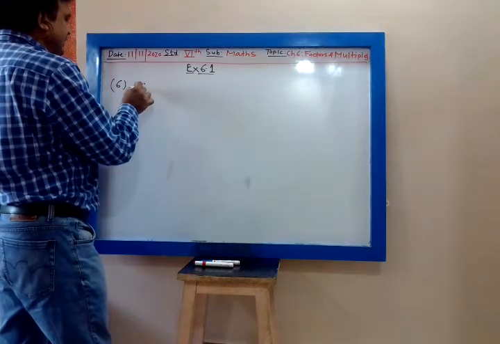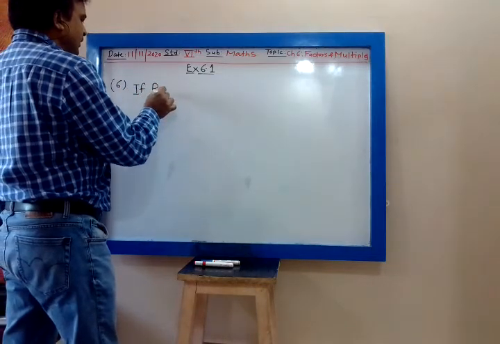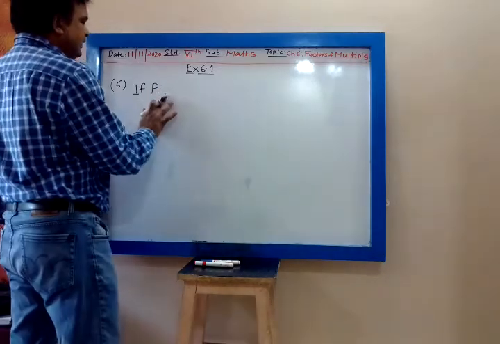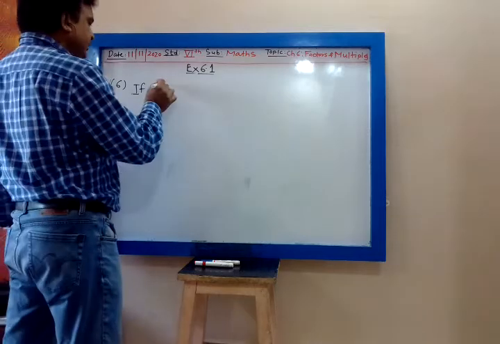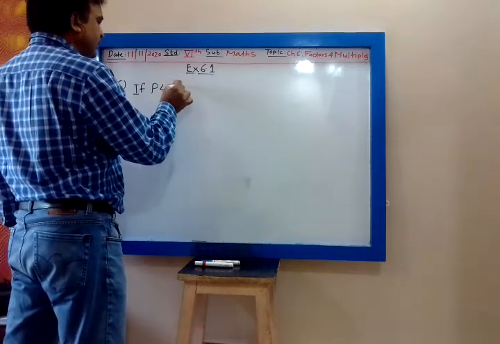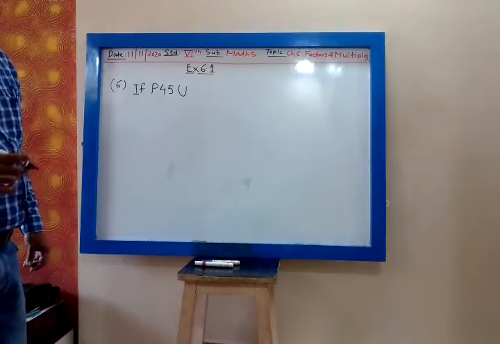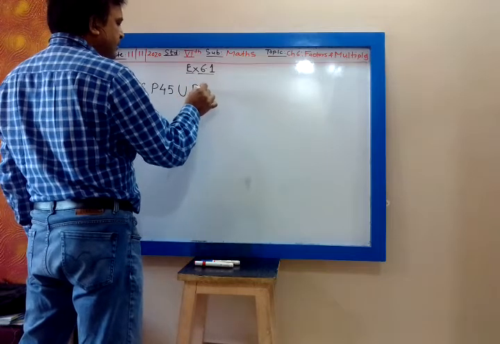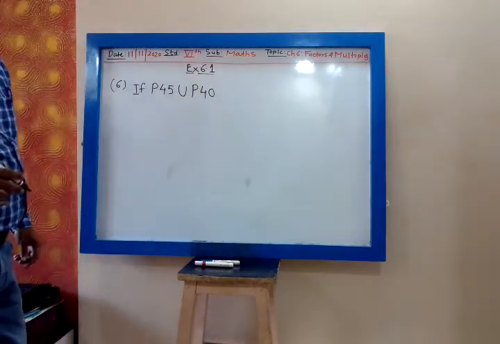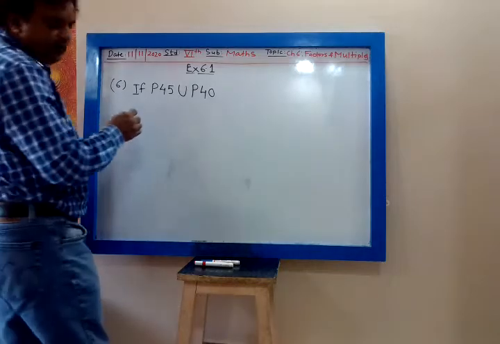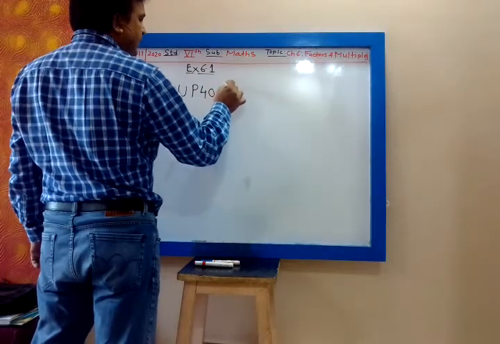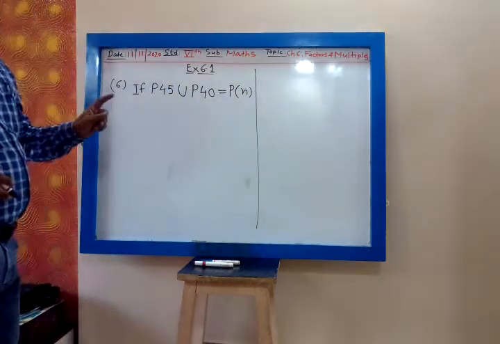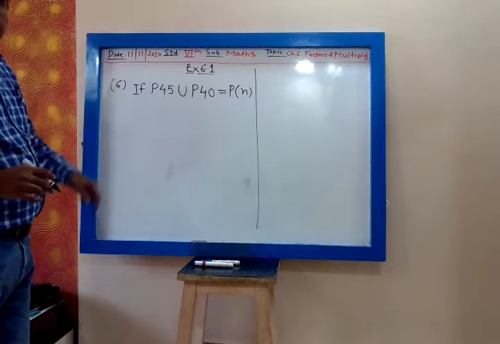It is slightly different. If P45 means prime factor of 45, union (cup means union) prime factor of 40 is Pn, where we have to find the prime factor of 40.